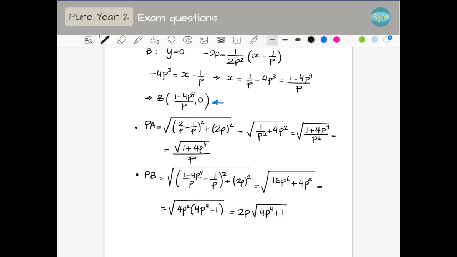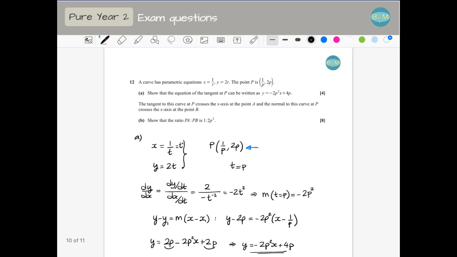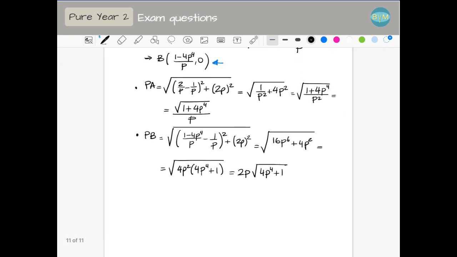So if I write the ratio PA to PB in that order, I have root of 1 plus 4p to the power of 4 divided by p, to 2p root of 4p to the power of 4 plus 1.